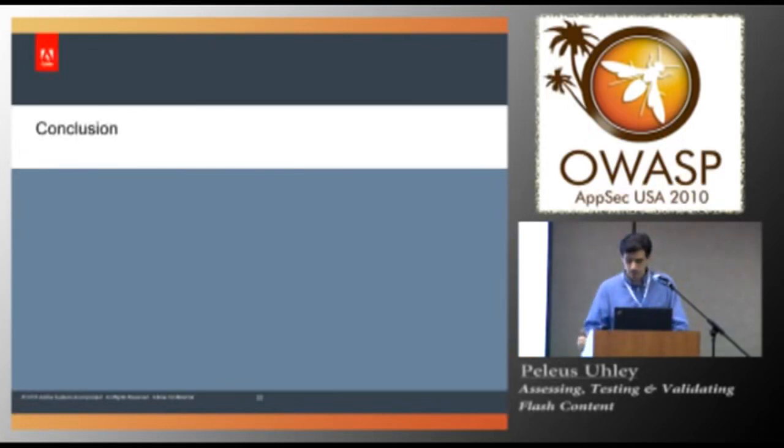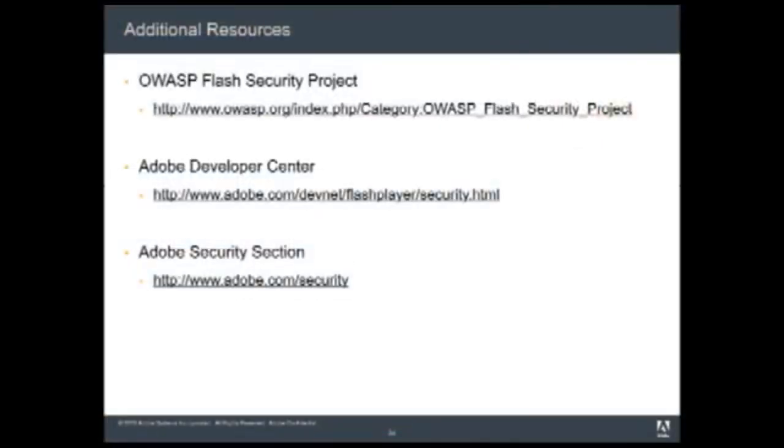So overall, these are the basic things that you're looking for. Obviously, I could keep going. I've done an hour and a half version of this before. But if you're looking for information, or some of these things seem like things you want to look into deeper, the OWASP Flash Security Project is available. All the links I referenced, all the research I talked about during this presentation, it's all referenced there.